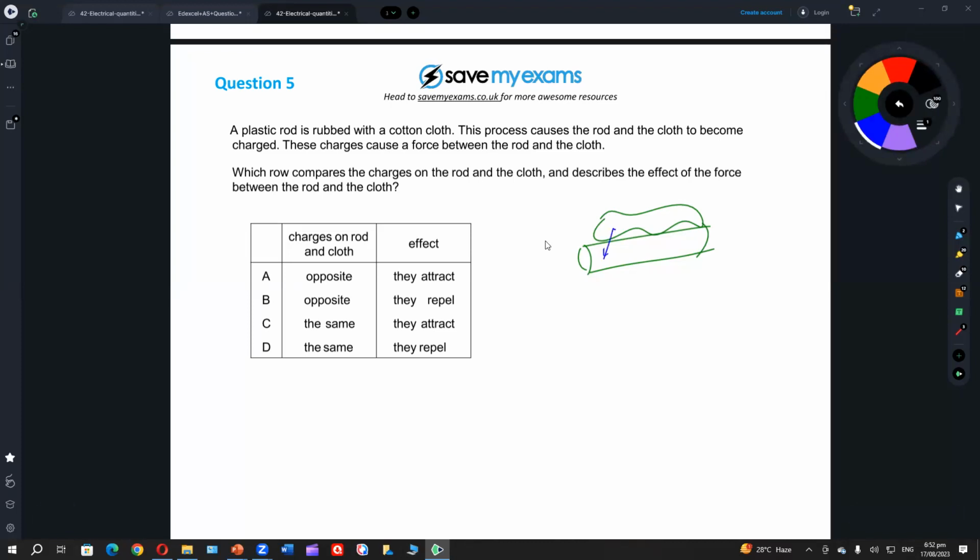When you rub it, suppose the rod loses electrons, so it will become positively charged and the cloth will become negatively charged. I have given you the idea. So when you are rubbing a plastic rod with a cotton cloth, there will be a transfer of electrons, and one will be positively charged and one will be negatively charged.